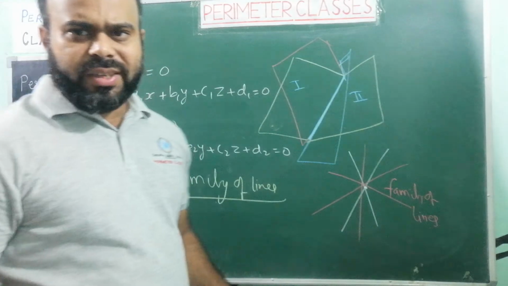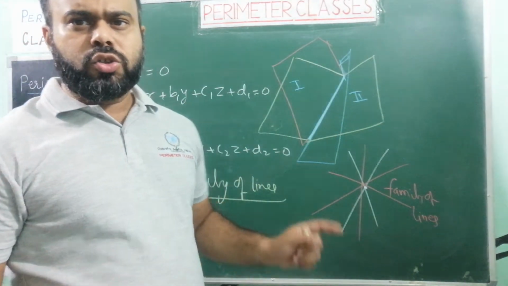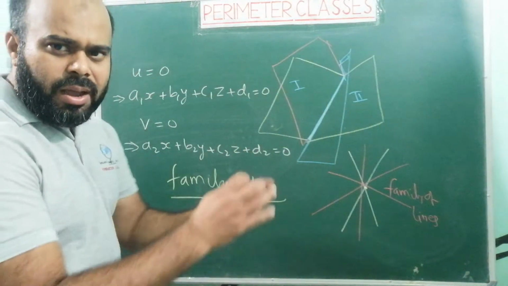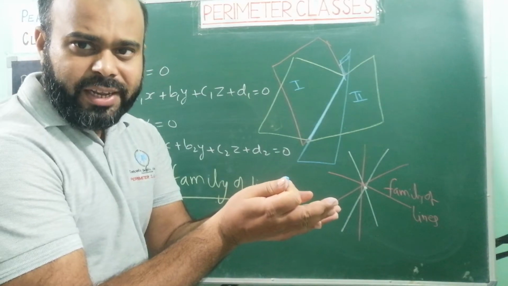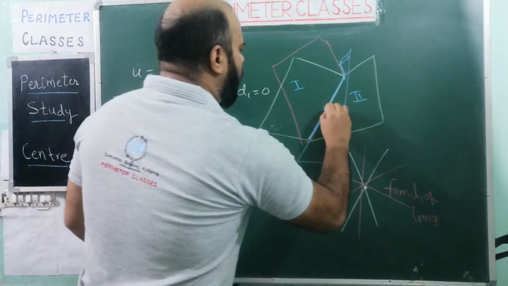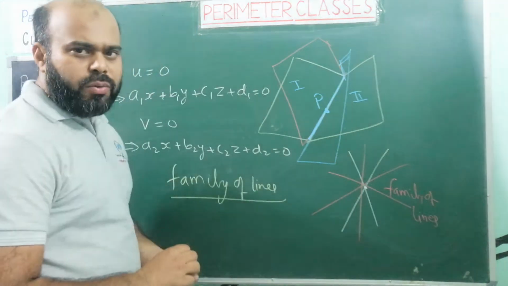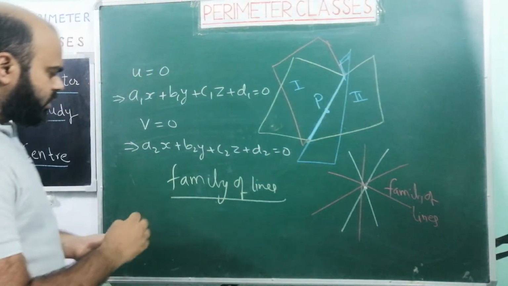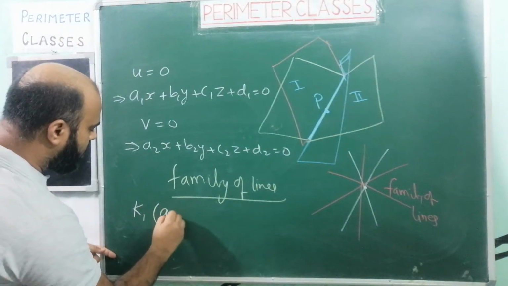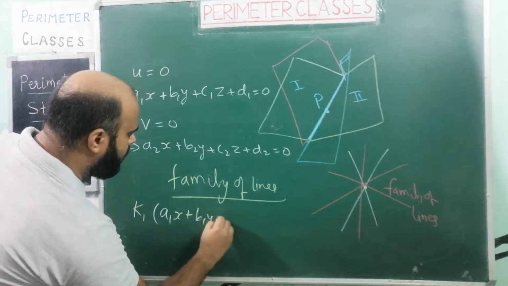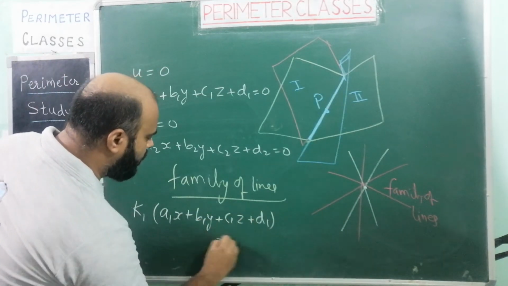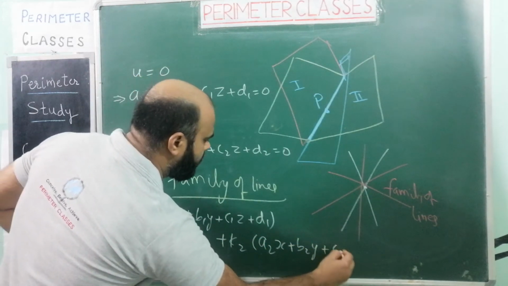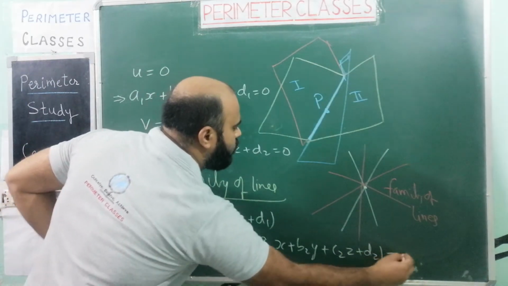Any point on this line will satisfy both of these equations, because this is a line which is on both the planes simultaneously. So if you take any point here and you want to find an equation of a plane, of the similar form, you can say there is a constant k1, a1x plus b1y plus c1z plus d1, plus another constant k2, a2x plus b2y plus c2z plus d2 equal to 0.